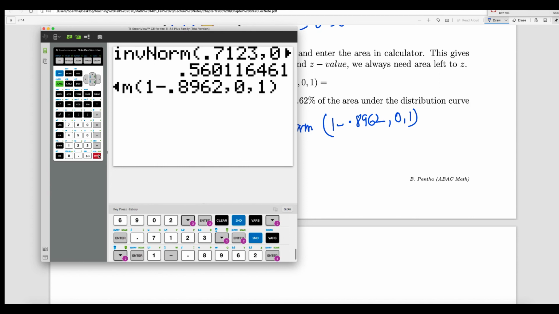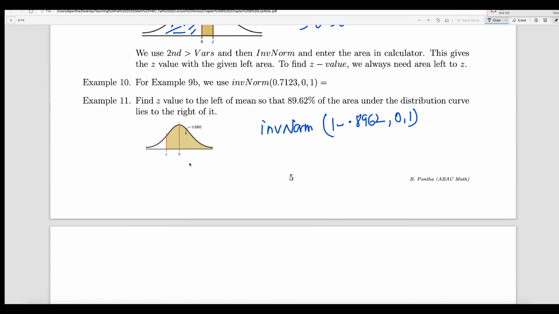Hit enter again, you will get negative 1.26. So G equals negative 1.26. The right area is 0.8962. Left area is 1 minus 0.8962.